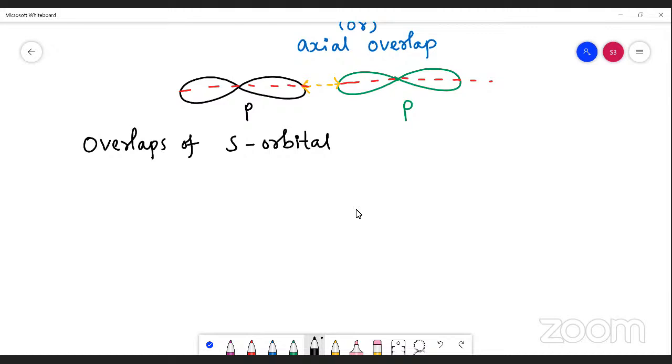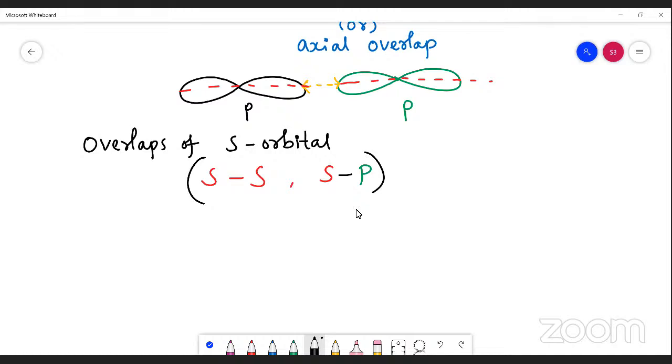The s atomic orbital and the s atomic orbital of another atom can overlap. Or the s orbital of one atom and the p orbital of another atom can overlap. This kind of overlapping also forms a sigma bond. Here s orbital and p orbital overlap, so this is also the formation of a sigma bond.